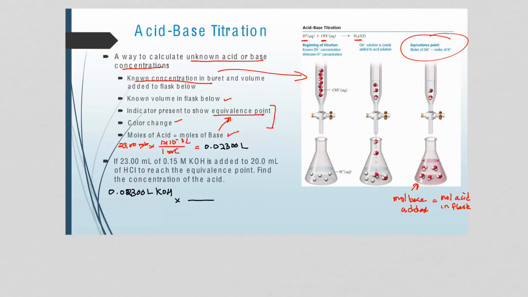Now remember, I need to figure out moles. So my pathway is going to be volume of KOH to moles of KOH to moles of HCl, and this is ultimately what I need to find through my stoichiometry.